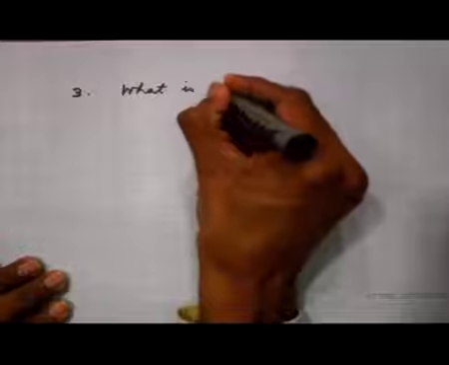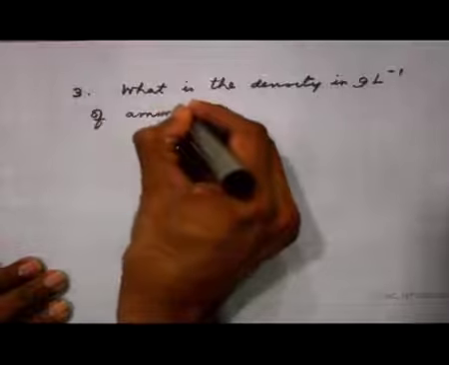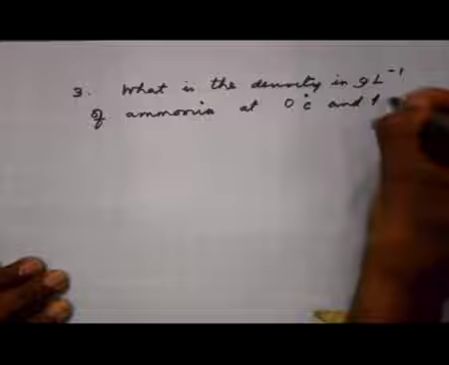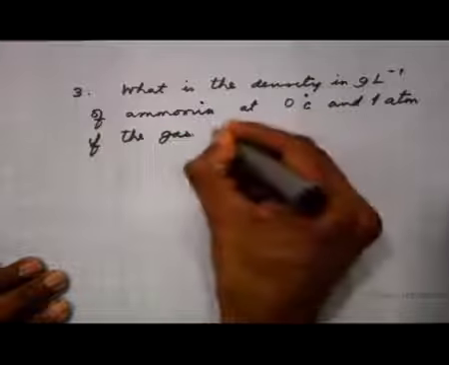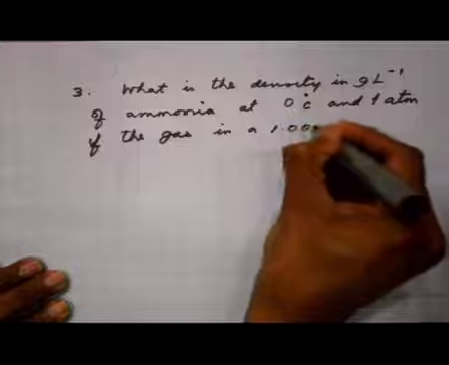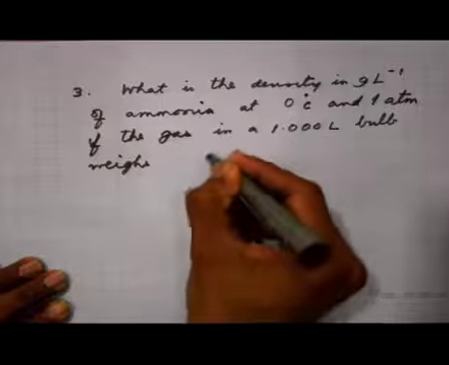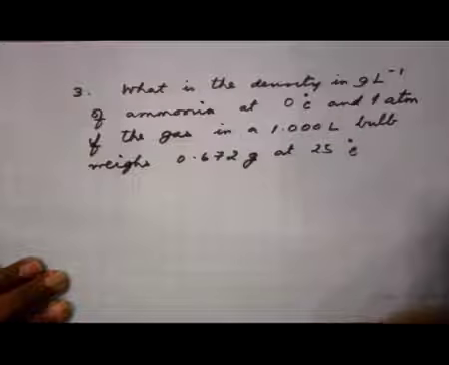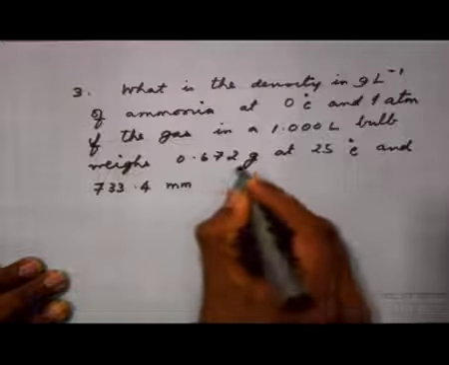What is the density in grams per liter of ammonia at 0 degrees Celsius and 1 atm pressure if the gas in a 1 liter bulb weighs 0.672 grams at 25 degrees Celsius and 733.4 millimeters mercury pressure.